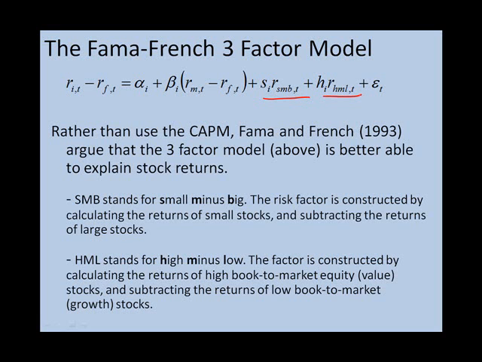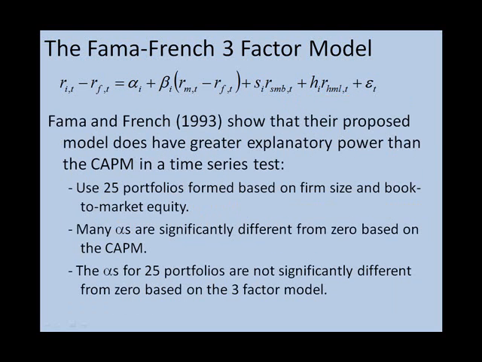These were the two factors that Fama-French proposed in 1993, and they said that adding these factors really does help explain stock returns. Specifically, Fama-French looked at those same 25 portfolios that they used when testing the CAPM. These were the portfolios sorted based on firm size and book-to-market equity.